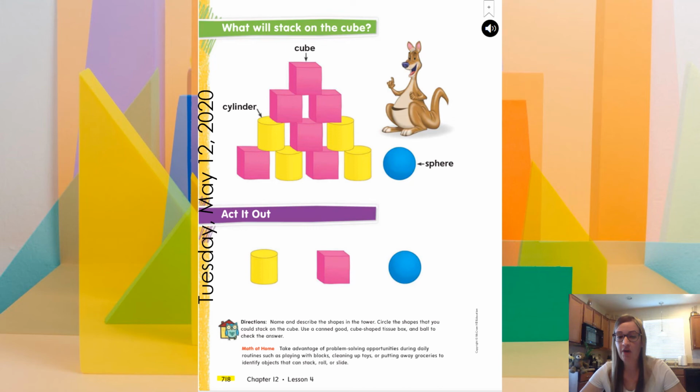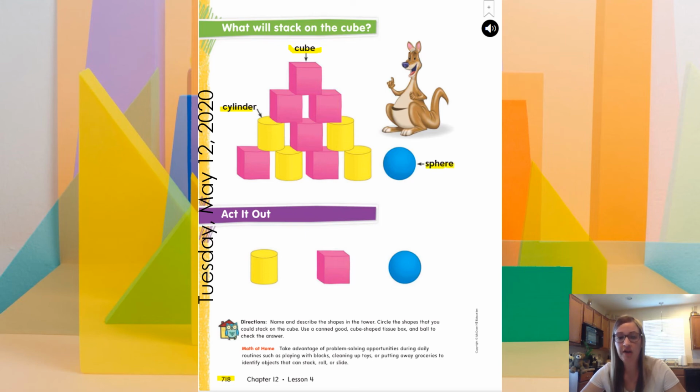Before I read you the question, Kangaroo labeled some of the 3D shapes on here. This top shape is called a what again? Good job, it's a cube. Coming down below on the side here, the yellow 3D shape is a, good job, cylinder. And down on the ground in blue, that is a sphere. Good job.